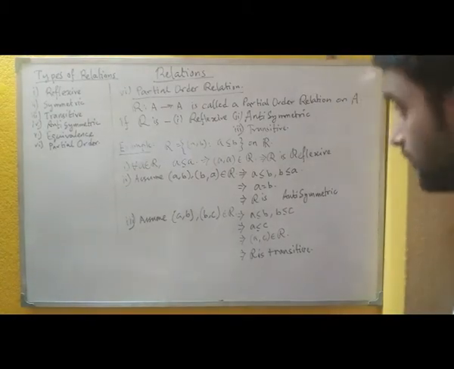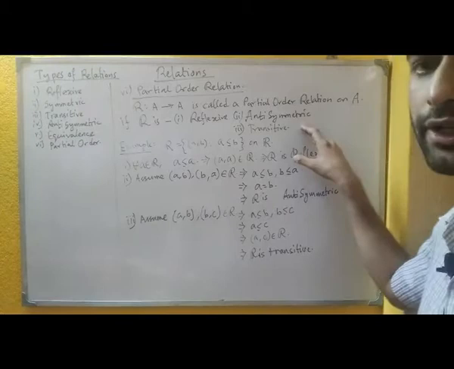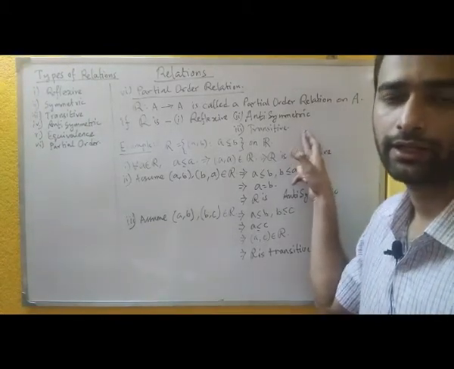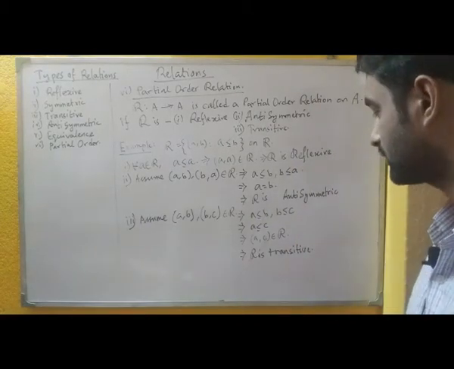So if it is transitive, then all the three conditions are satisfied here for partial order relations. So here we can say that the relation R is a partial order relation on the set of real numbers.